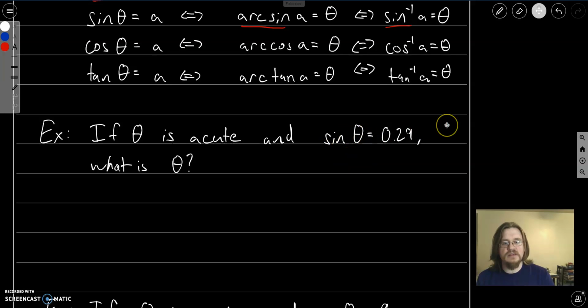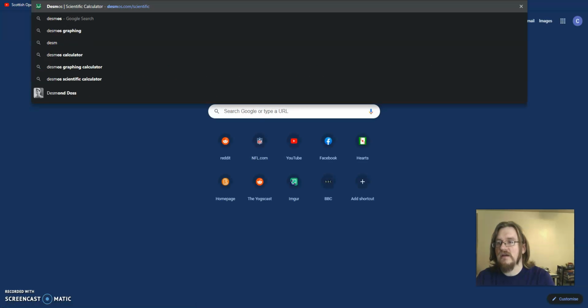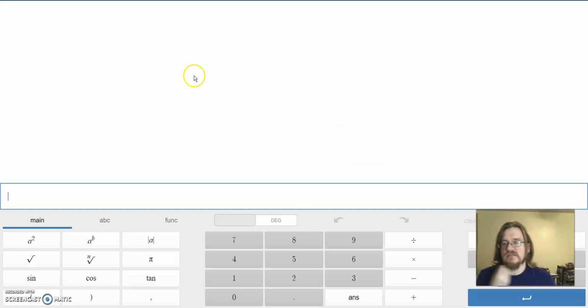And if we know that the sine of an angle is going to be 0.29, the question is what is theta? What angle has a sine equal to 0.29? So let's use a calculator. I'll use Desmos. It's quite a nice calculator.